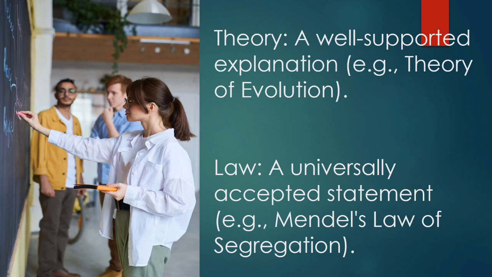Especially in mathematics, there's a lot of explanation about a particular theory of this or that. It is well supported because there is a proof for it. But a law is a universally accepted statement, it's just a statement. It could be like two or three lines or sentences to explain a particular concept. So I hope you understand that now.